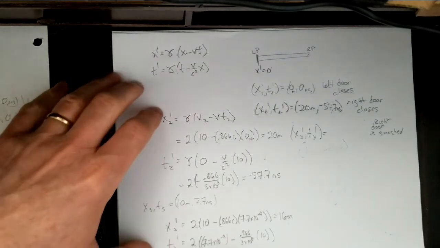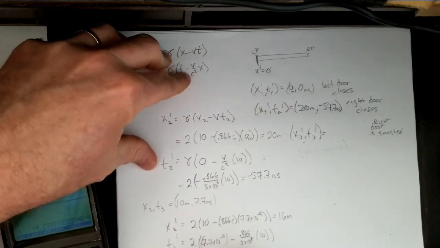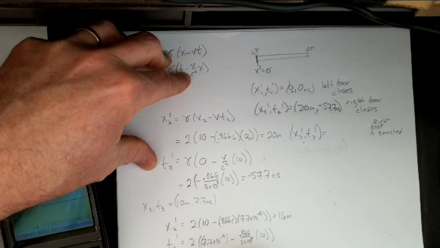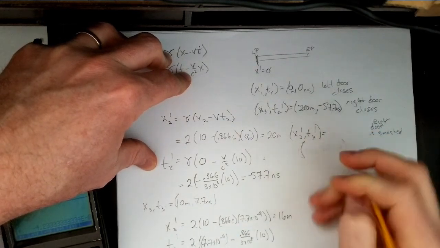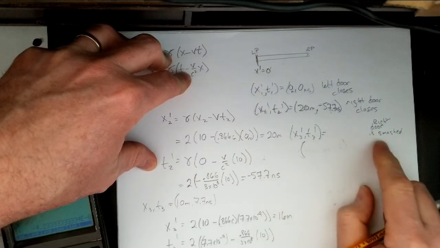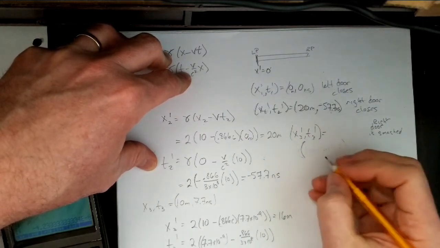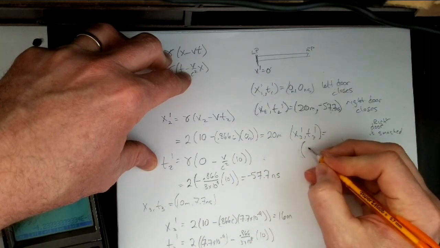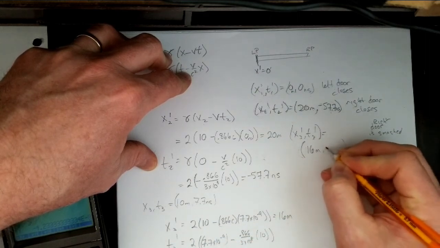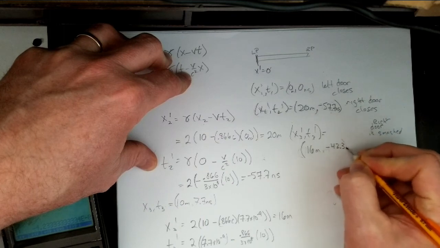So you work this out on your calculator and you end up with negative 42.3 nanoseconds, which means that the third event, in other words the pole smashing into the right side door, happens at 16 meters, negative 42.3 nanoseconds.